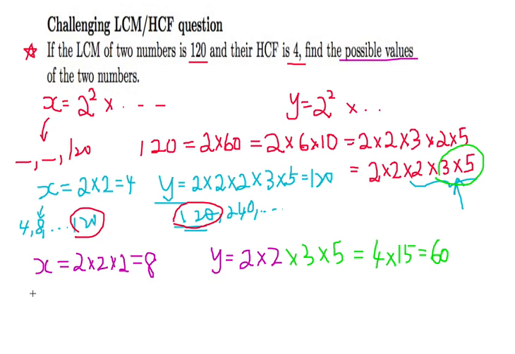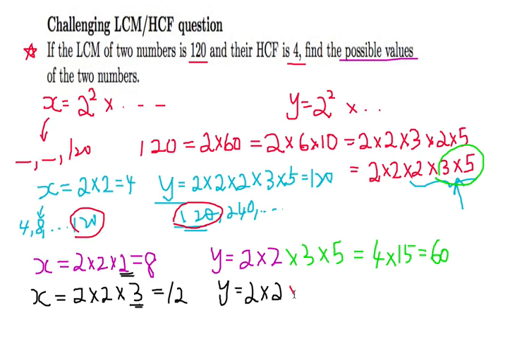Then the next one, if x is 2 times 2 times 3, so before that I had an extra 2, now I have an extra 3, so it's 12. Then y has to have the factor 4, so 2 times 2 is definitely a must.